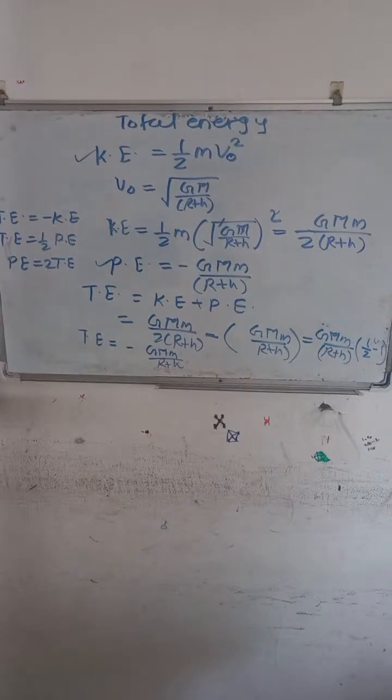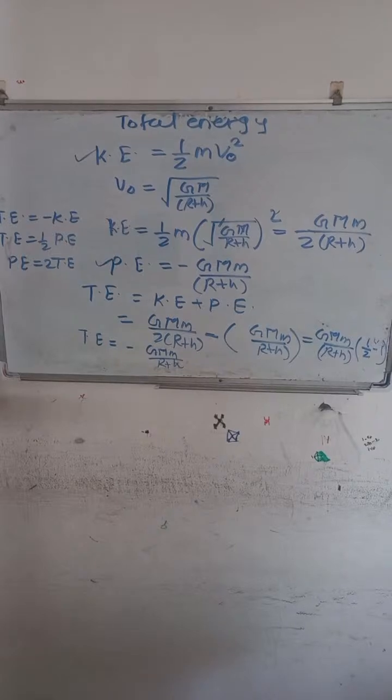Calculate its kinetic energy and potential energy. Okay, I will repeat once again. The total energy of a satellite is minus 100 joule. Calculate its kinetic energy and potential energy.